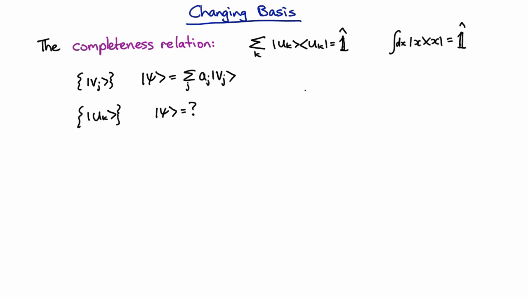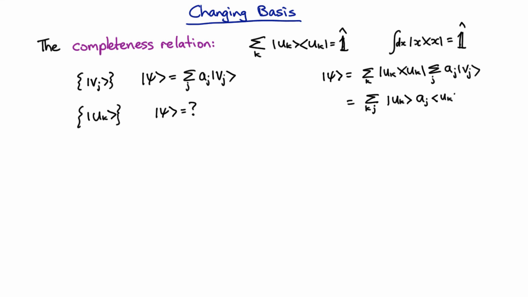Well, what you can do is you can apply the completeness relation using either the U's or the V's on your state. If I apply it on this state here, then because everything is linear, I can take these sums out. I can take this complex number out. And then I've got an inner product between U_k and V_j.